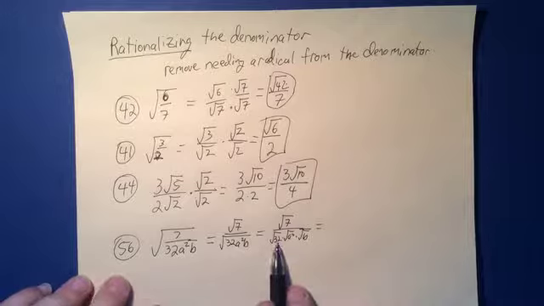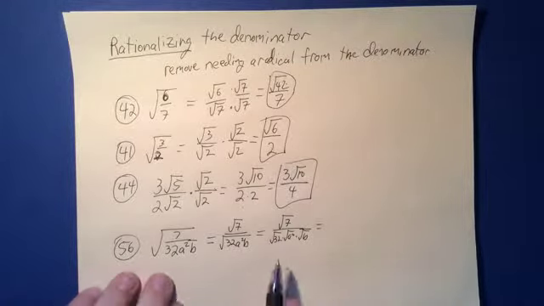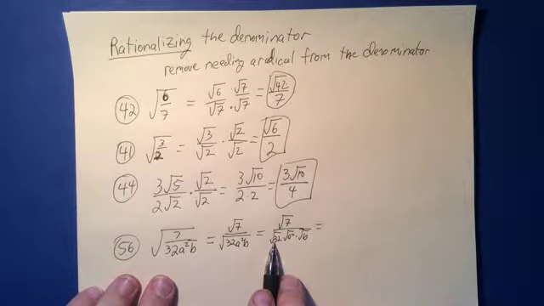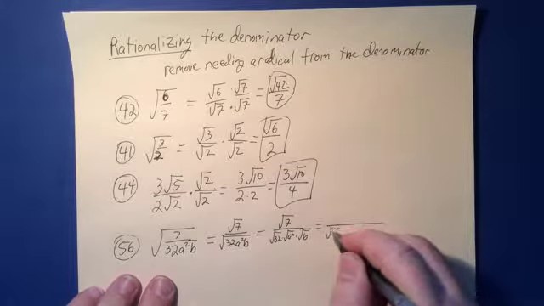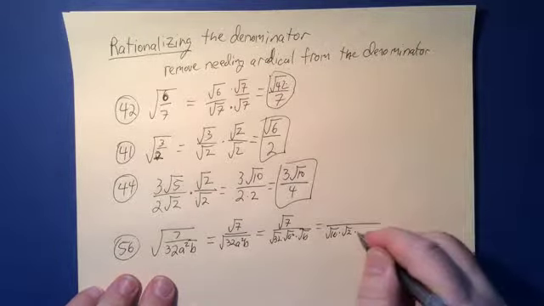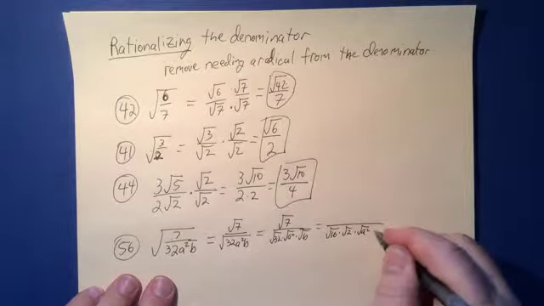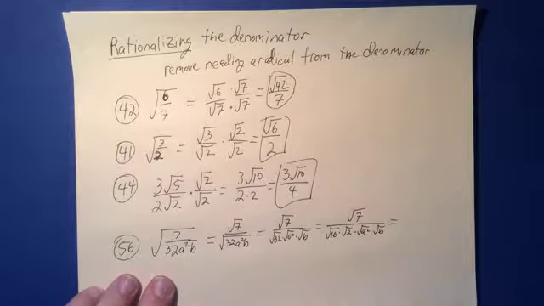Well, 32 is not quite a perfect square, so I have to do a little rewriting down here. I can write the bottom as the square root of 16 times the square root of 2 times the square root of a squared times the square root of b. Keep the radical 7 on top.